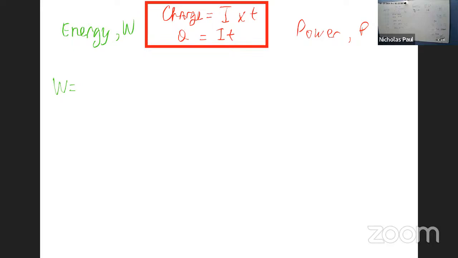Full stop. It is found by multiplying the charge in the circuit by its voltage.